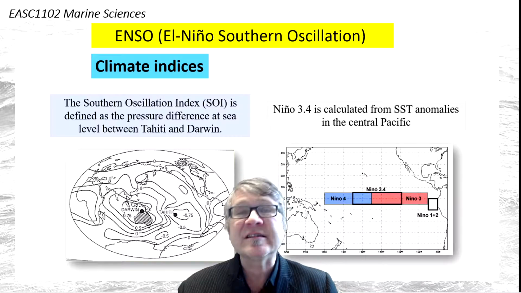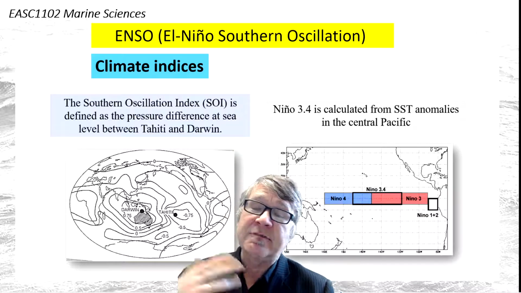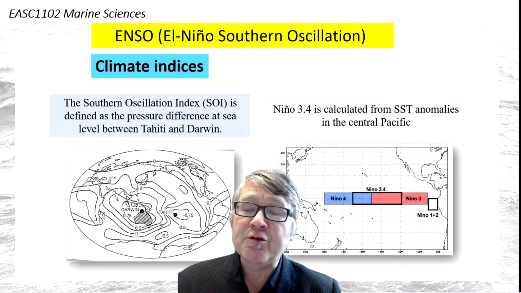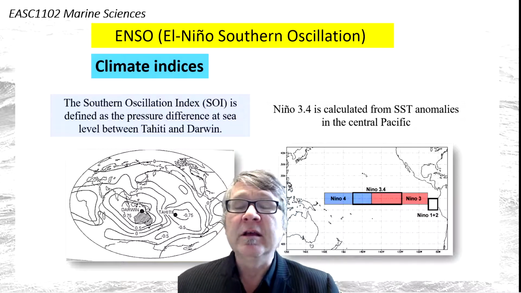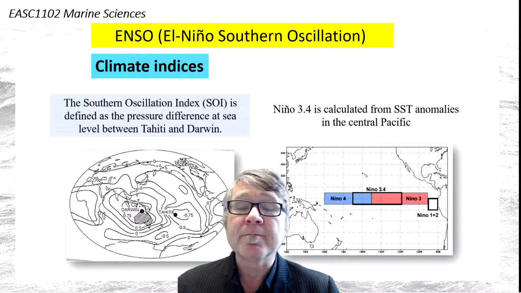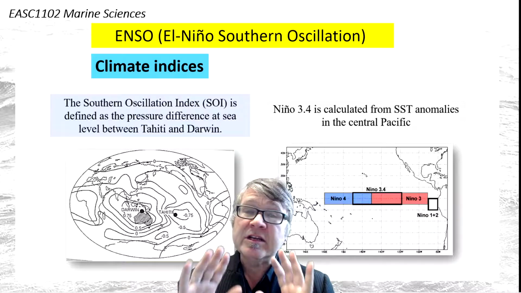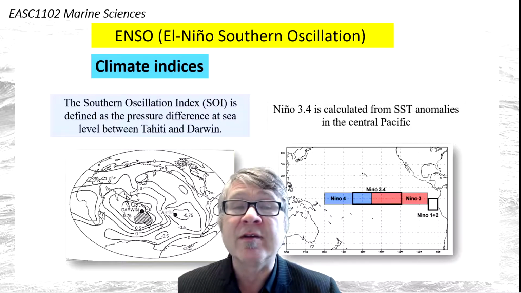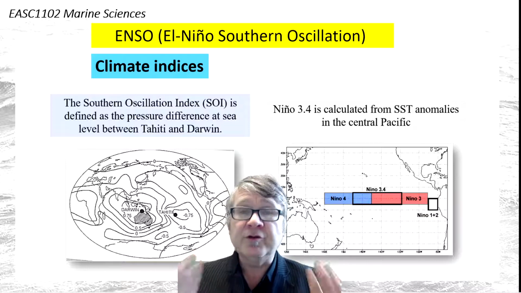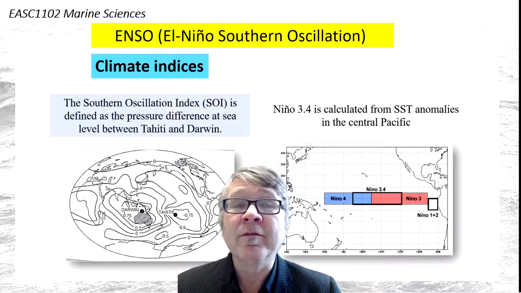This is what we call the Southern Oscillation Index. It's defined as the air pressure difference at sea level between Tahiti and Darwin. From that, you can identify the wind reversals that you get during the onset of an El Nino.